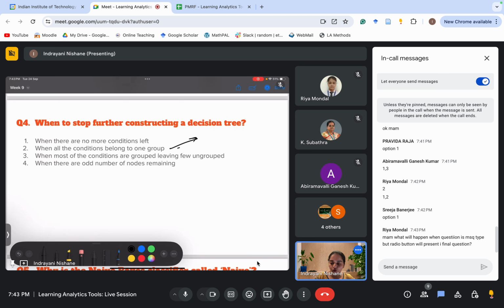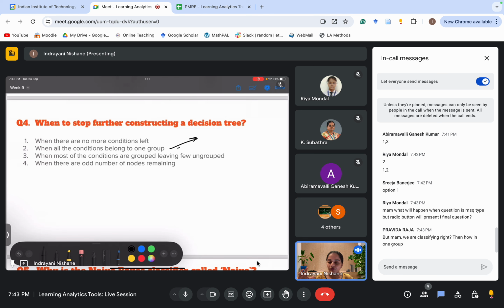We will go through each data point and check this condition, and at that point we will branch the tree. All the students whose marks are greater than 50 will be part of one branch, and all the students whose marks are less than 50 will be part of another branch. So this is how we are grouping the conditions.